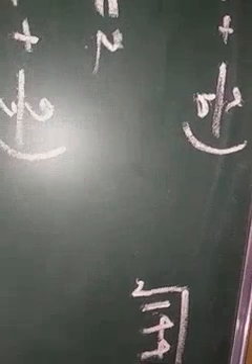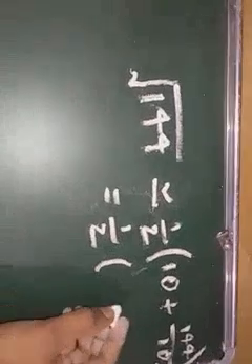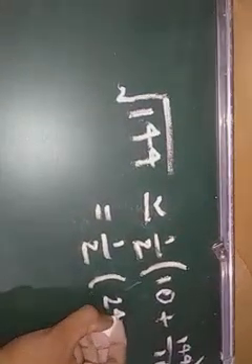Then by first approximation we get half times 10 plus 144 by 10. This will give me half times 10 plus 14.4. What is 10 plus 14.4? Is 24.4.